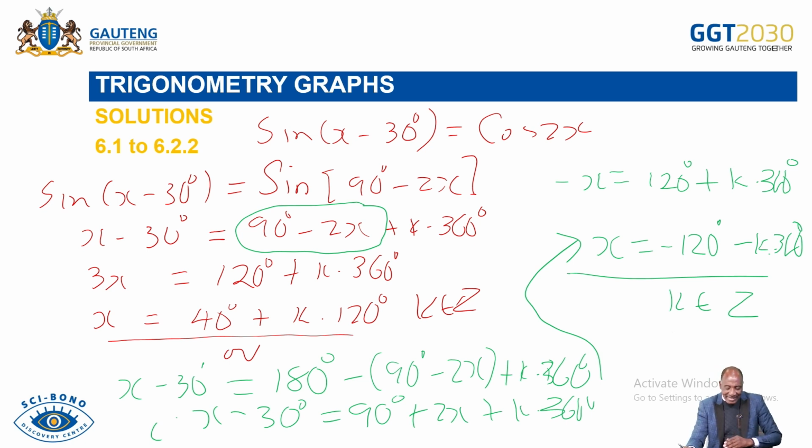It's 40 degrees plus k times 120 degrees for k an element of integers being your first one. Then the other one is x equals negative 120 minus k times 360 degrees. So that's how you find the general solution of the equation that was given.